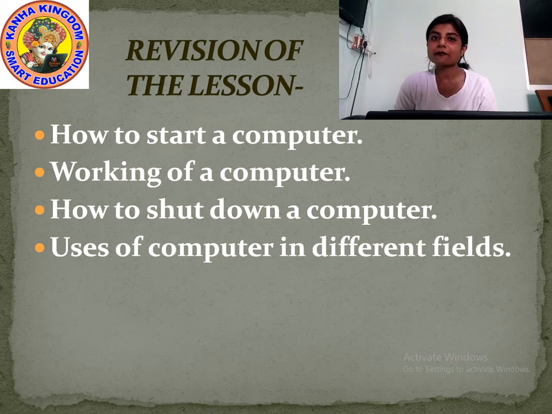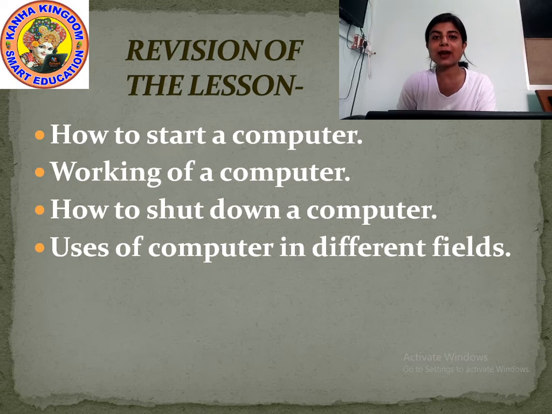After working on it, it gives us the output. And what is output? The result that is displayed after processing is called output.